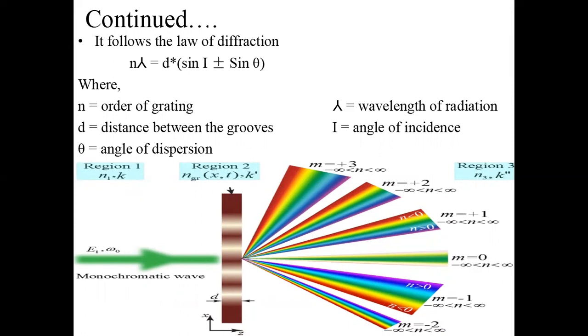In this diagram we can see the monochromatic wave comes in, and after passing through the slit, it is dispersed or diffracted at different wavelengths and produces light of different wavelengths.